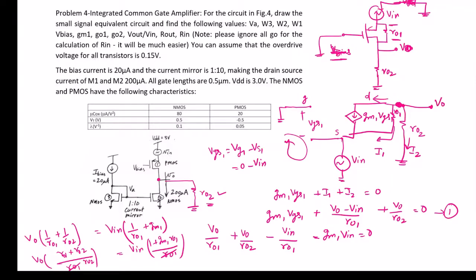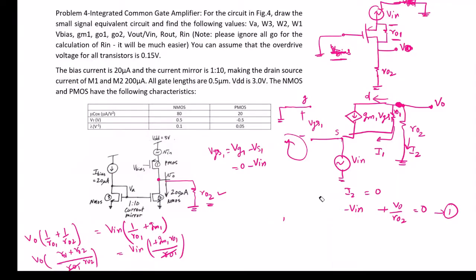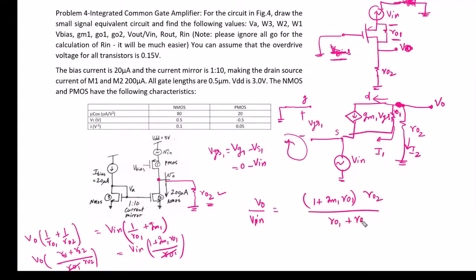So we can write the final gain VO by Vin as 1 plus GM1 RO1 multiplied by RO2 divided by RO1 plus RO2. So this is the formula for Vout by Vin.